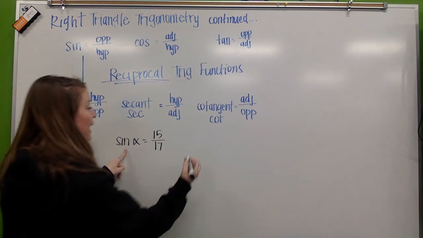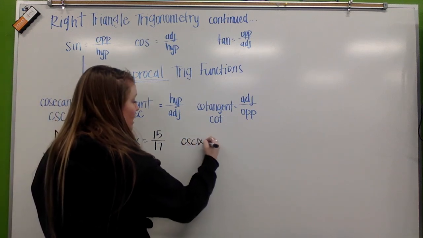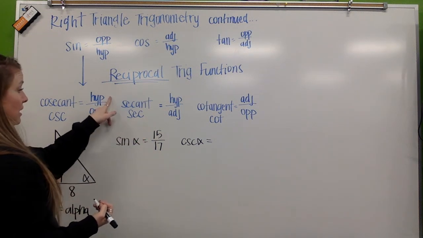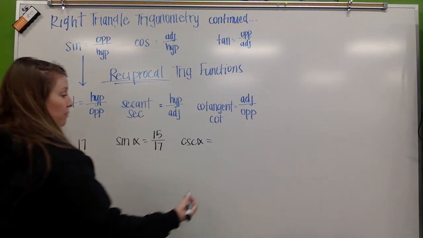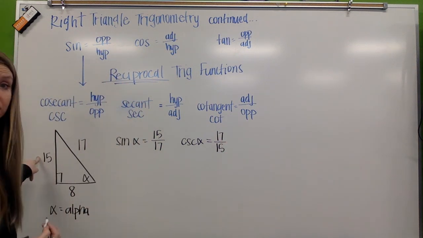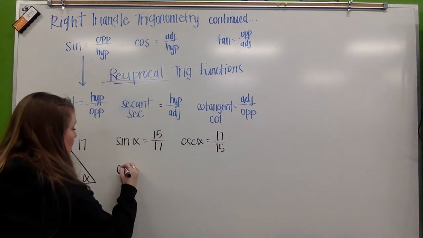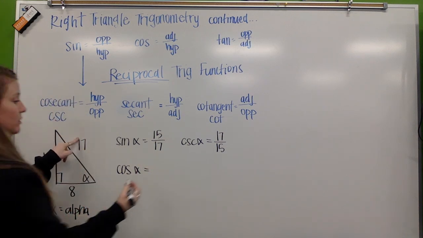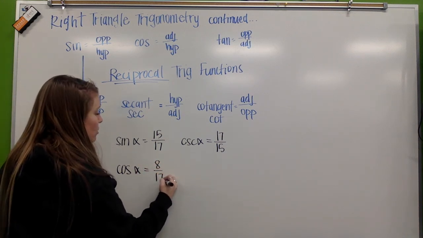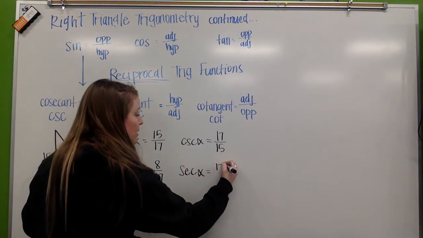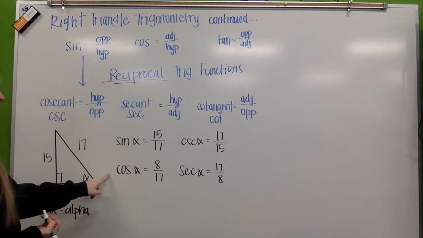Well, now that I know sine, I can find cosecant pretty quick by flipping it. It's going to give me hypotenuse over opposite, which is 17 over 15. That's it. Okay? Cosine of alpha is going to be 8 over 17, which means its reciprocal, secant of alpha, is going to be 17 over 8.